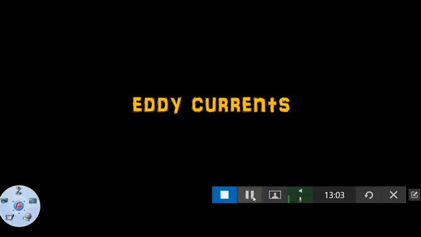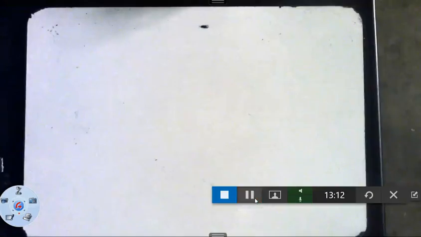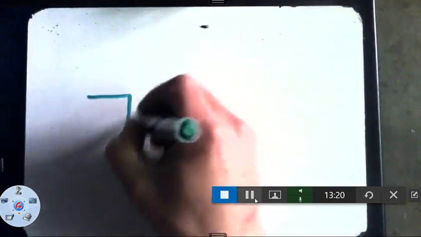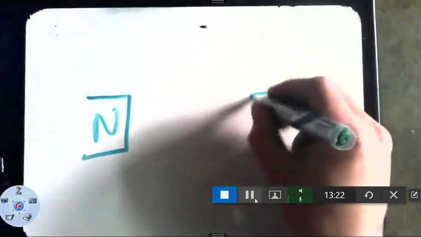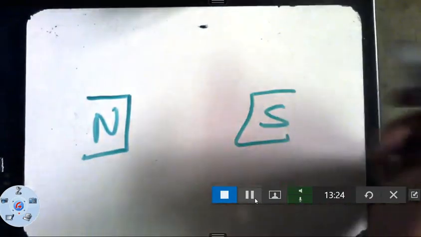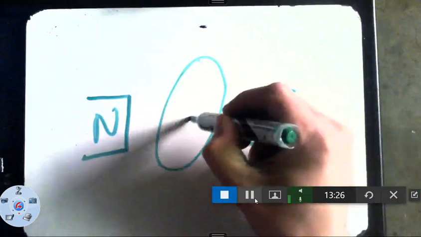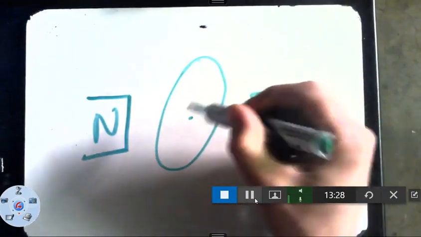So one of the applications where we use electromagnetic induction is in what we call eddy currents. If you haven't heard of an eddy current, it is whenever I have a piece of metal inside a magnetic field. Let's say that metal is a disc, and we spin that disc.